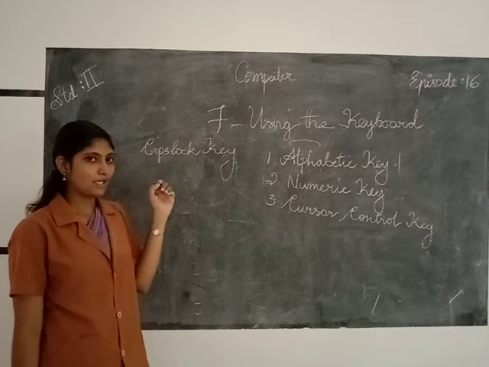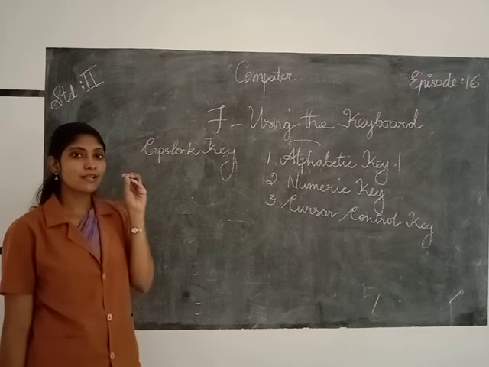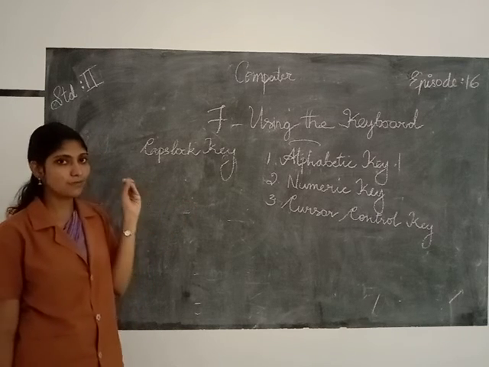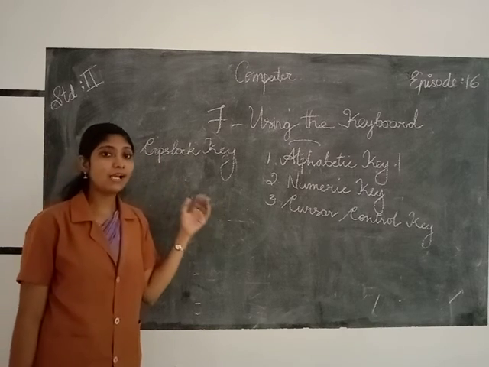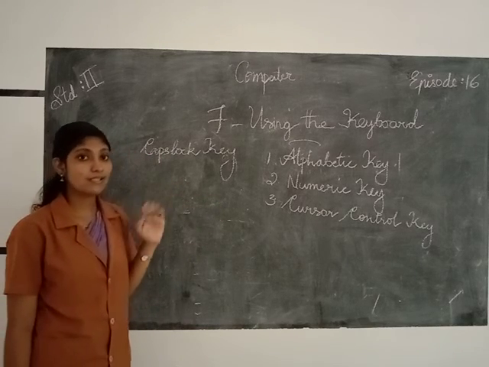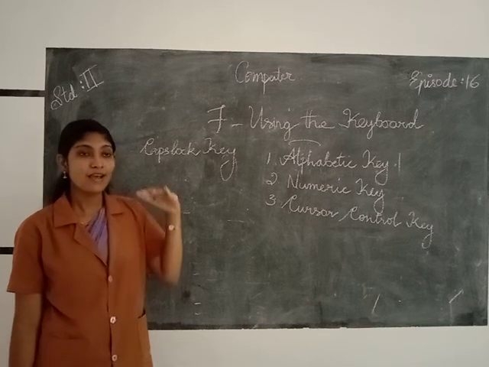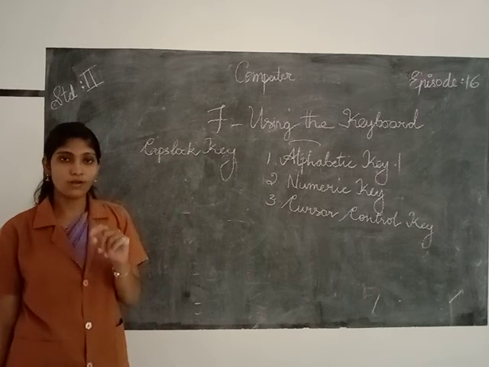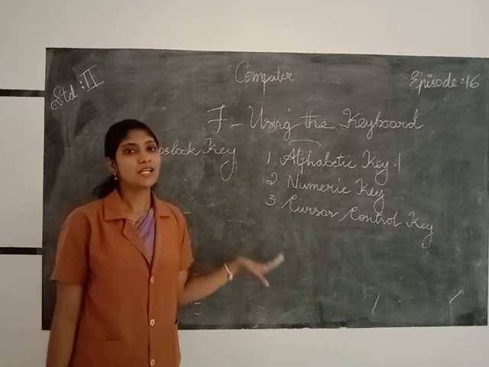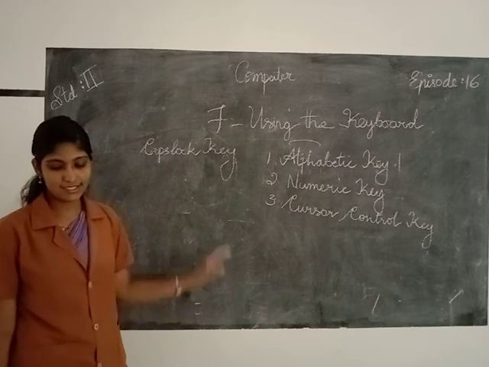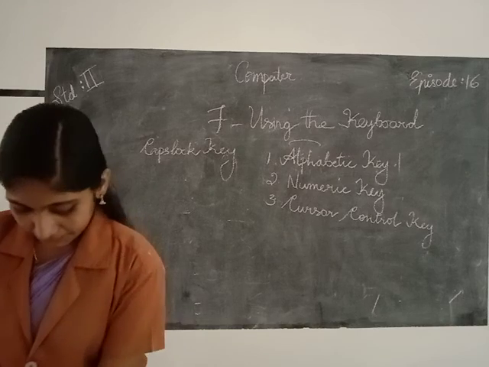When the light shows, the caps lock key is on and we can write capital letters. Otherwise, if it is off, we write small letters. That is the caps lock key.